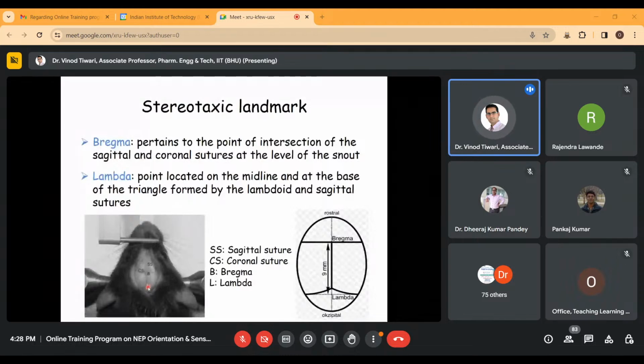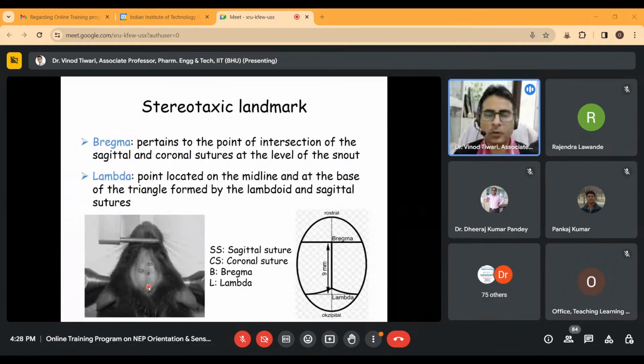Now you may ask why this lambda is important, why we should bother about it. It is important because when you perform the surgery, if bregma and lambda are not at the same coordinate, then what will happen? You think you are injecting a brain region which is deep down, for example hippocampus, CA1 region. But actually you are not injecting CA1, you are injecting somewhere on top of or below it.